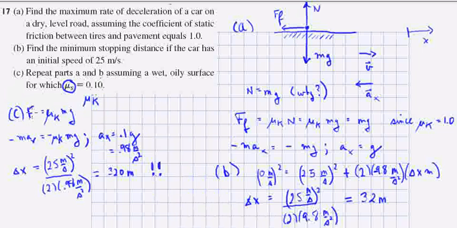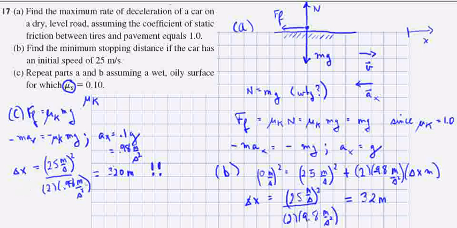Frictional force is equal to mu k times m times g, and so Newton's second law now gives minus m a sub x is equal to minus mu k m g. The m's cancel, and instead of getting an acceleration of g, you get an acceleration of 0.1 g. The acceleration, in other words, is 1/10 of what it was before.